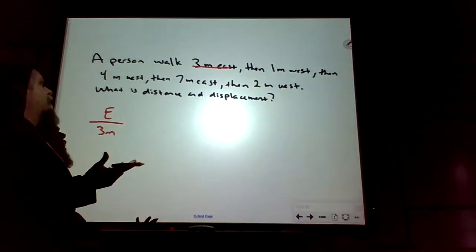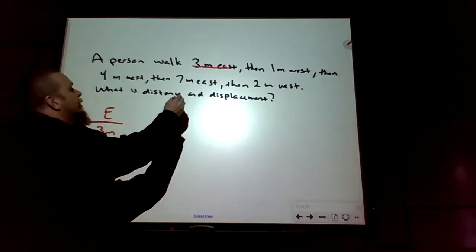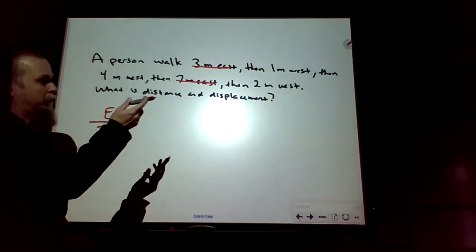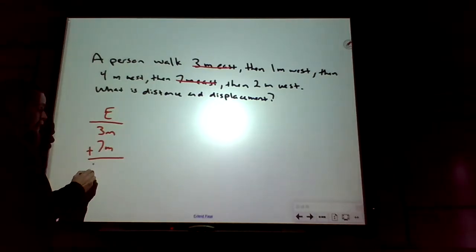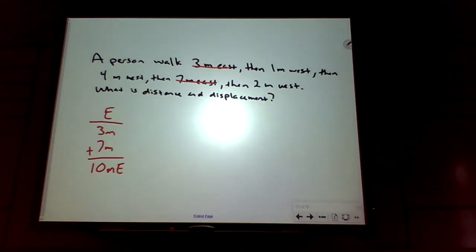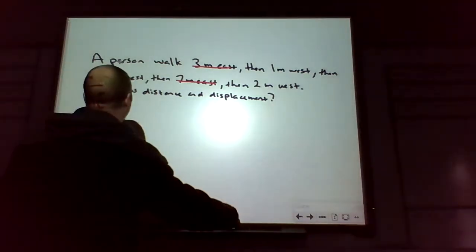Cross them out so you don't get them again. The next one is a west, the next one is a west, and then we have a 7 meters east, and then the next one's a west. We have 2 that are in the east direction. We add those up for a total of 10 meters east. So in all, our person has gone 10 meters to the east.